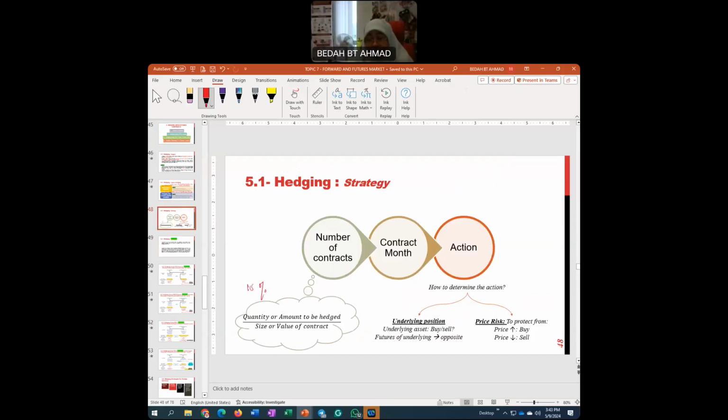Sometimes it can be 100%. For example, let's say the fund manager has 10 million in hand to be invested. Maybe the fund manager wants to hedge 100% or 80% only. If 80% only, that means only 8 million. If it is 100%, that means it is hedged for 10 million.